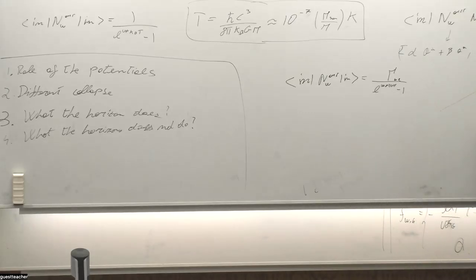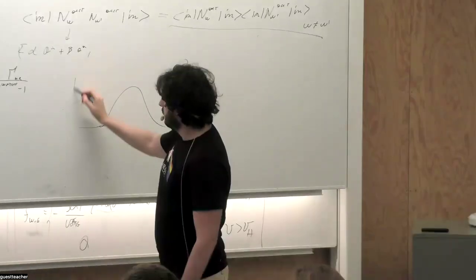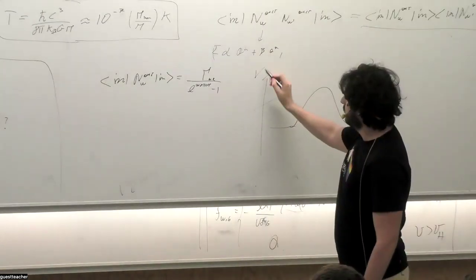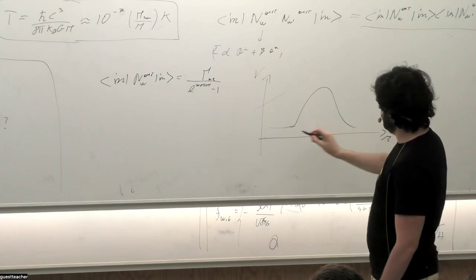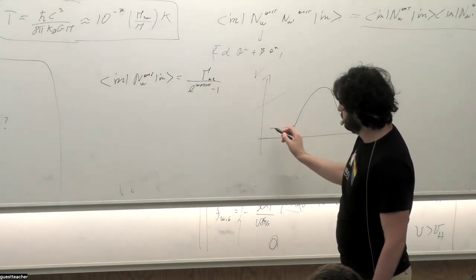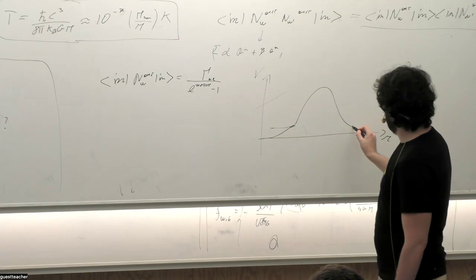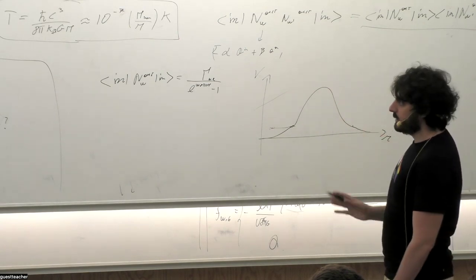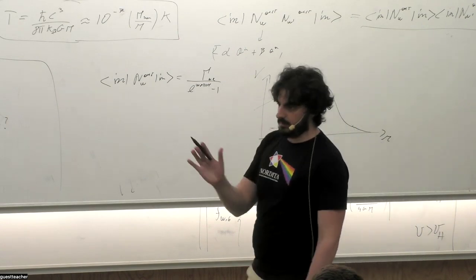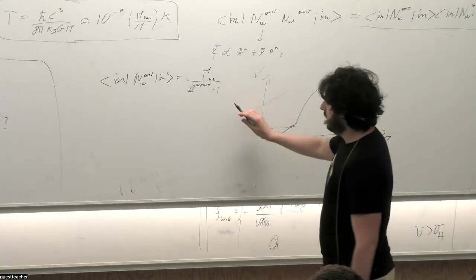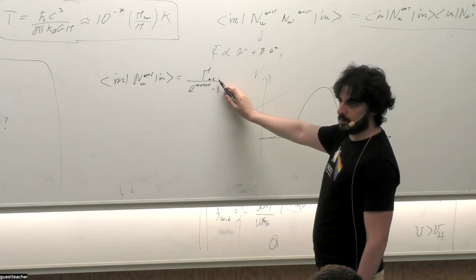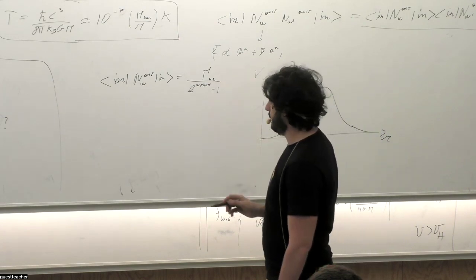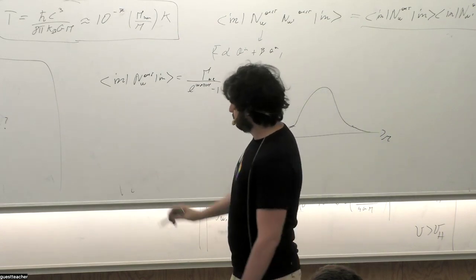You have a potential barrier: V(r) goes to 0 at r equal to 2M and goes to 0 at infinity, but you encounter a potential barrier in between. So part of the waves will be backscattered and fall into the black hole, and you will lose them, and the other part is the transmission coefficient.